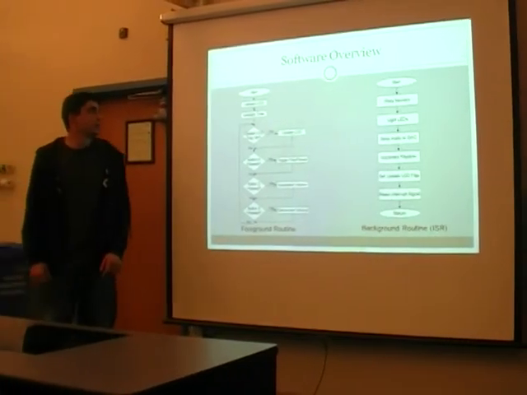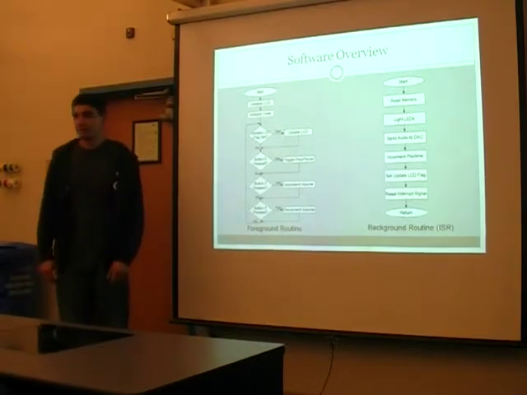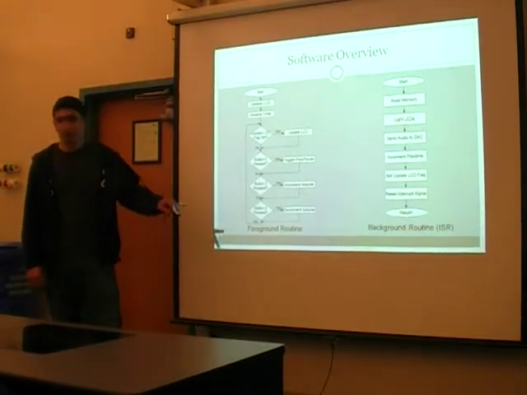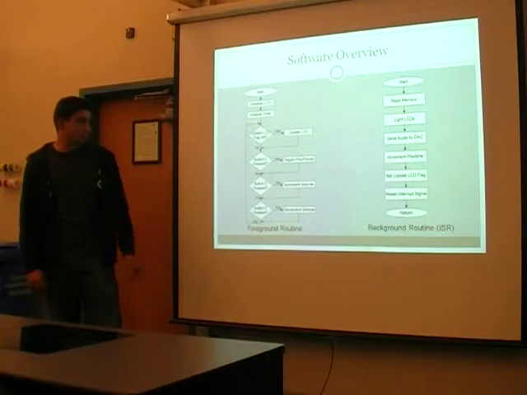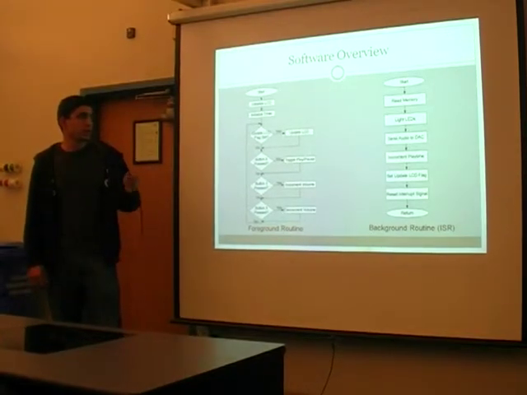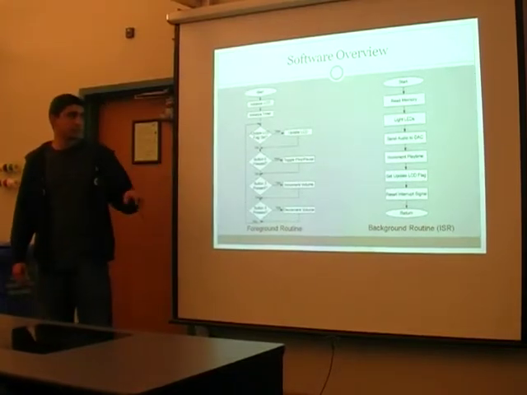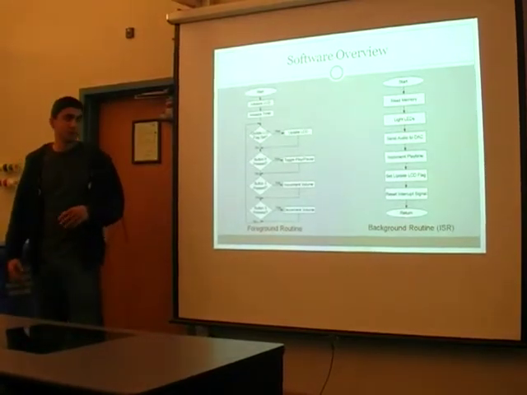So, a quick rundown of how the software works. It's interrupt driven, like our waveform generator. We have the background routine and the foreground routine. In the background, we read from the external memory. There's also an LED visualizer, so that's what light LEDs refers to. It's based on the audio data.